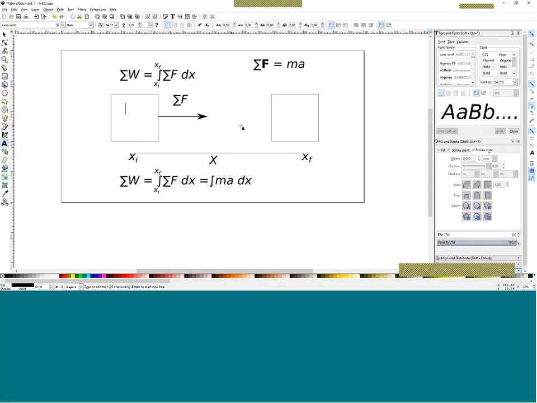And M, of course, here refers to the mass of the object that is being moved.